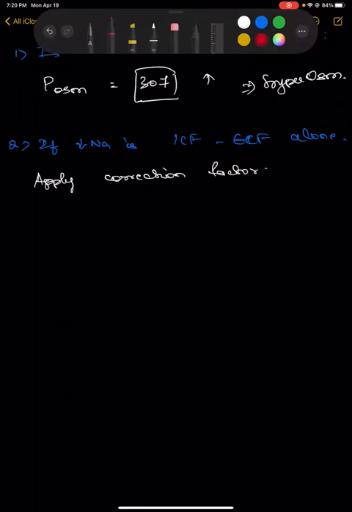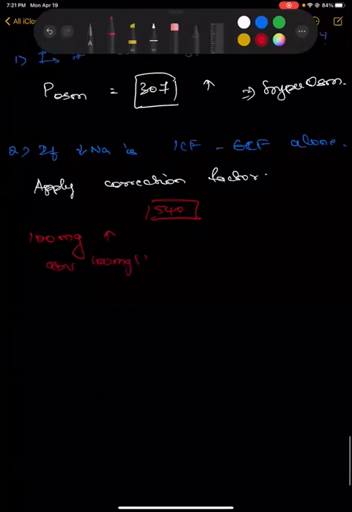Suppose my blood sugar level is 540 here, right? For every 100 mg increase in glucose above 100 mg per dl, my sodium should drop by 1.6 millimoles per liter.